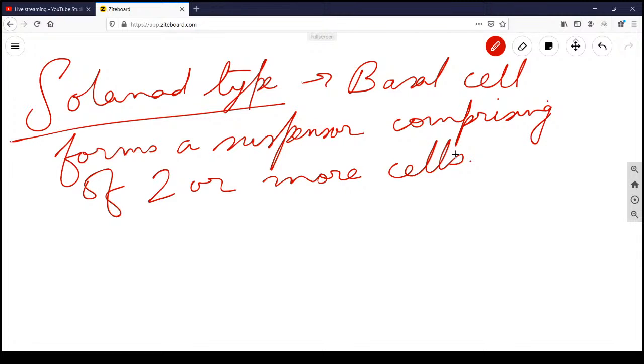When you talk about suspensor cells, there are various divisions in plants which lead to the formation of the suspensor cells. Always remember this type. Suspensor cells are very, very special cells.